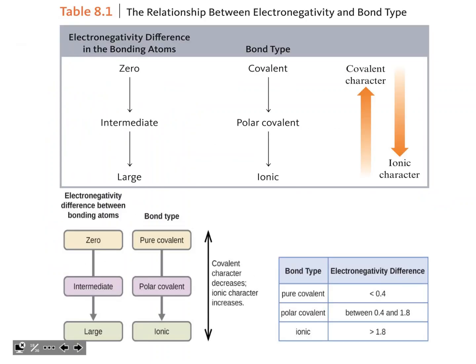Okay? All right, now looking here at the relationship of electronegativity and how it compares to the bond type. Bond type here, electronegativity difference. If there isn't much of an electronegativity difference, it's mostly covalent, or if it's 0, it is purely covalent, which we would also call nonpolar, okay?